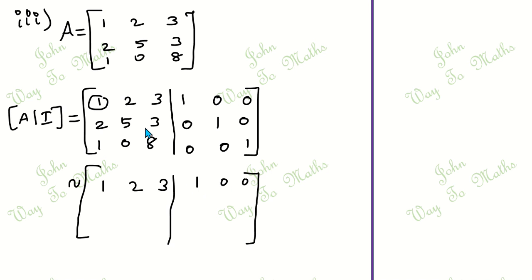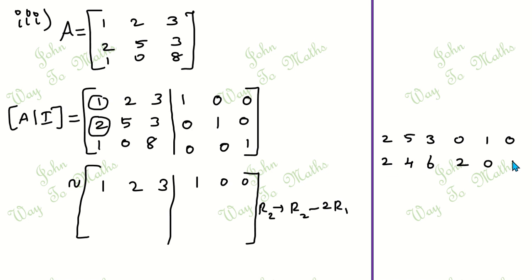For the second row, the 2 must become 0, so row 2 can be written as row 2 minus 2 times row 1. Row 2 is 2 5 3 0 1 0, and row 1 multiplied by 2 gives 2 4 6 2 0 0.